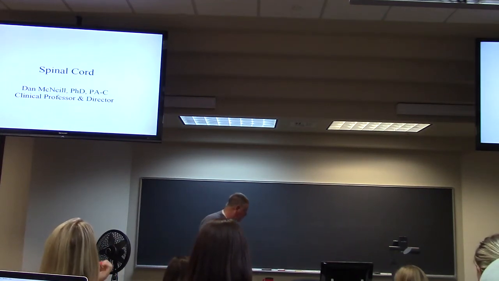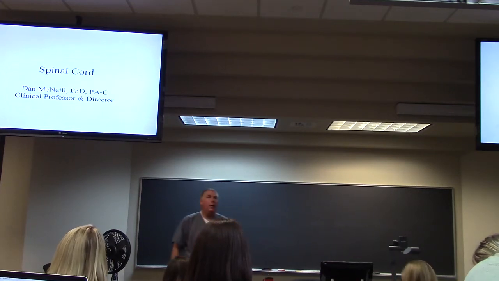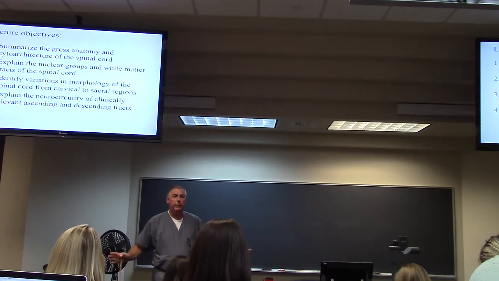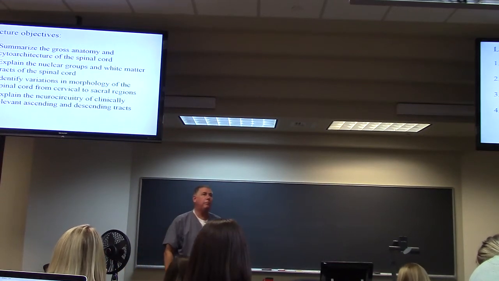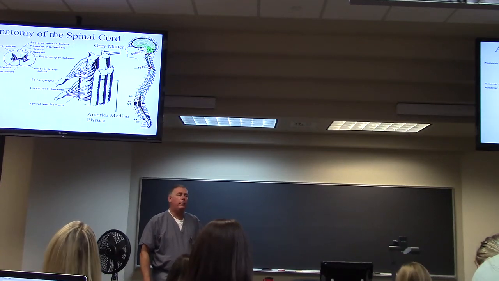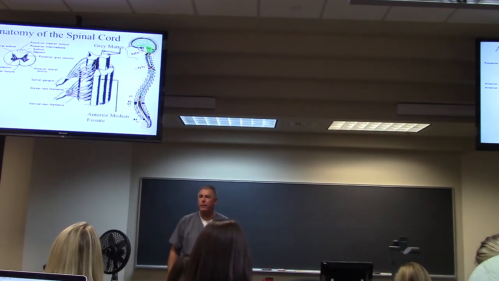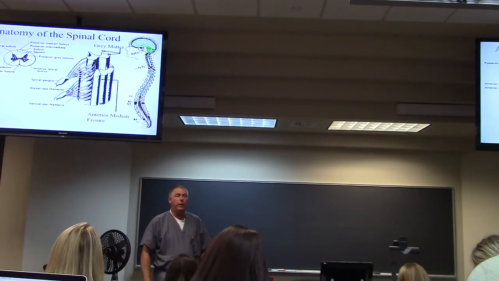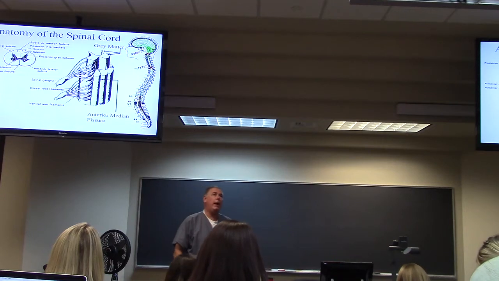So, spinal cord. These are the learning objectives, 4 simple little objectives, that's all. If you look at the anatomy of the cord, and a lot of this is going to be anatomy. Near the end, we'll talk about some neurocircuitry, but we're going to start here with anatomy.